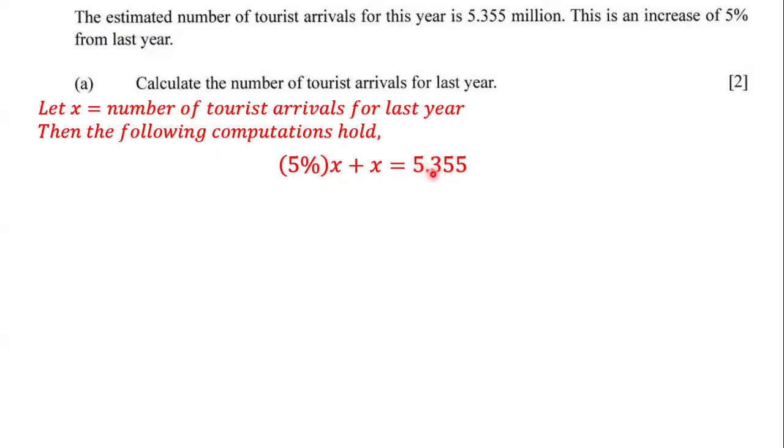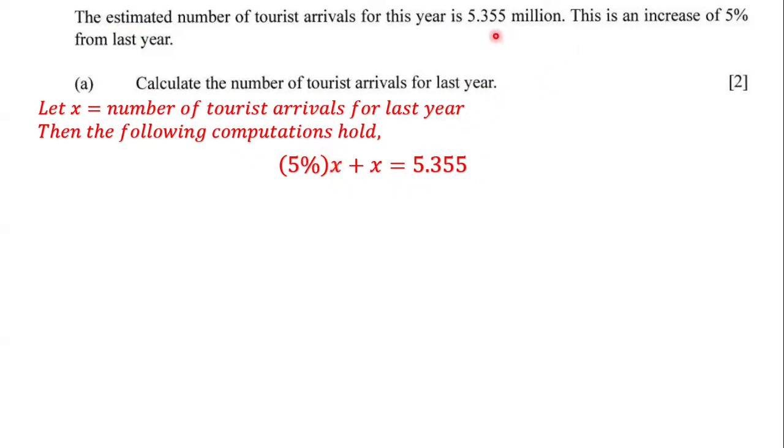So we have 5.355 million, the amount of tourist arrivals for this year. But what exactly is 5.355 million? Well, 5.355 million is actually equal to the total amount of tourists that arrived last year plus 5% multiplied by the total number of tourists that arrived last year.